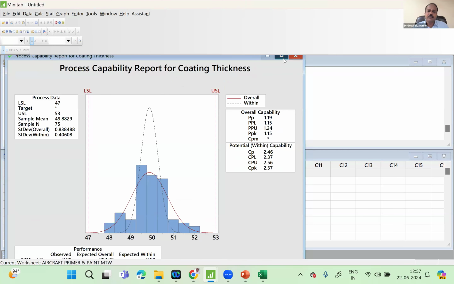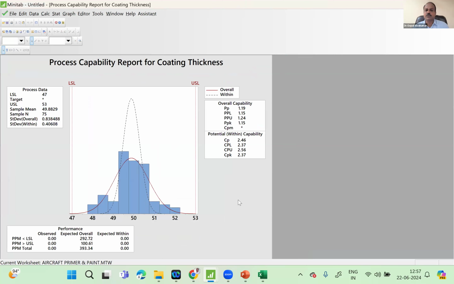Now you can see the customer requirement and how your process is performing. Now you understand the size of the road. Can all of you see the size of the road here? Yes. Can you also understand the size of your process? Yes. And now the Cpk values, what is this actually?